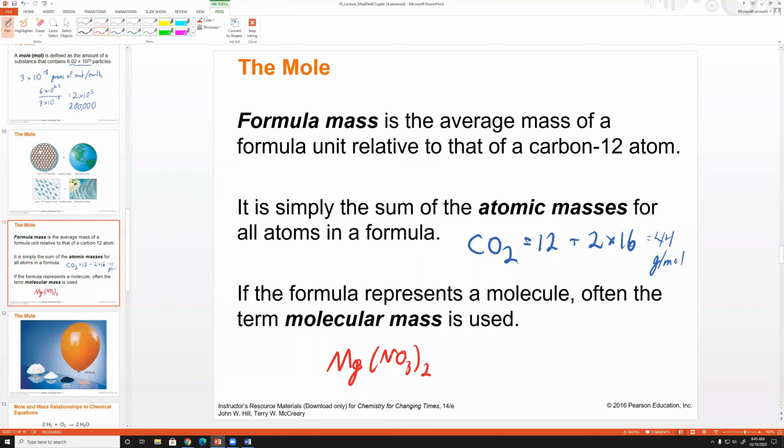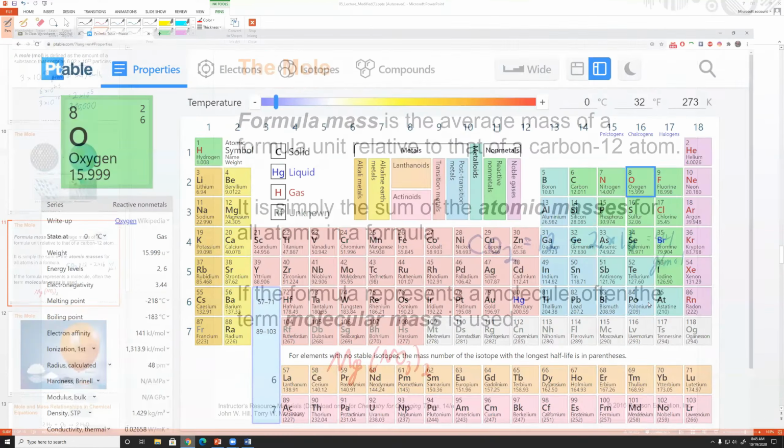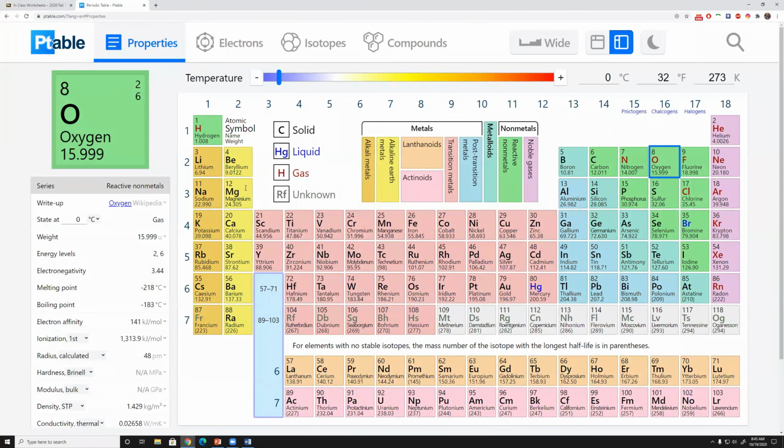So let's look at Mg, nitrogen, and oxygen. Magnesium is right here. Magnesium has a molar mass of 24.305, so we could put 24.3 or 24.31. That's acceptable. Now we look at nitrogen. Nitrogen is 14.007, basically 14, and oxygen is 16.